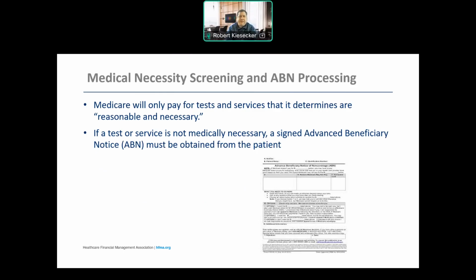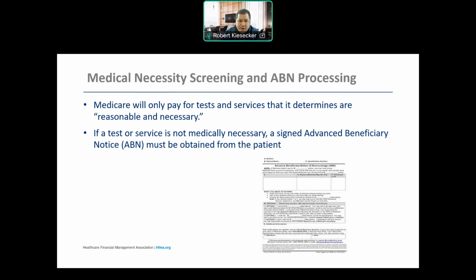ABNs, medical necessity screening and ABN processing. Medicare will only pay for tests and services that it determines are reasonable and necessary. However, there are some services that are deemed not medically necessary.